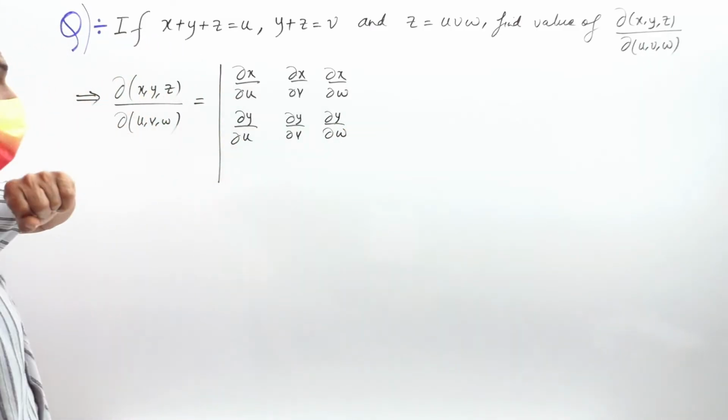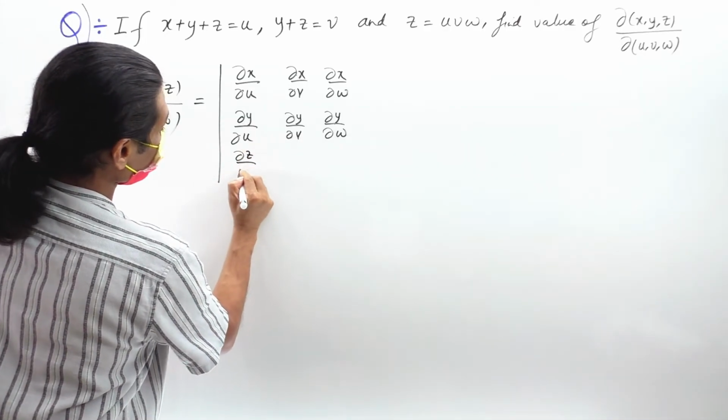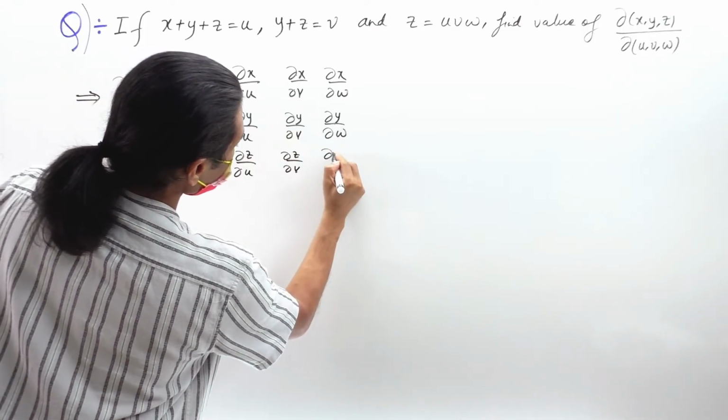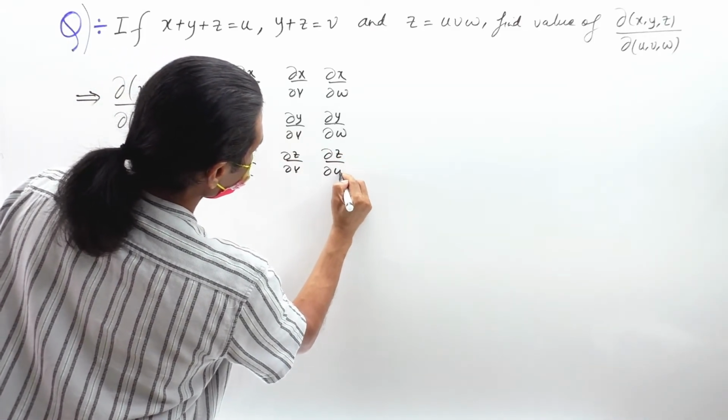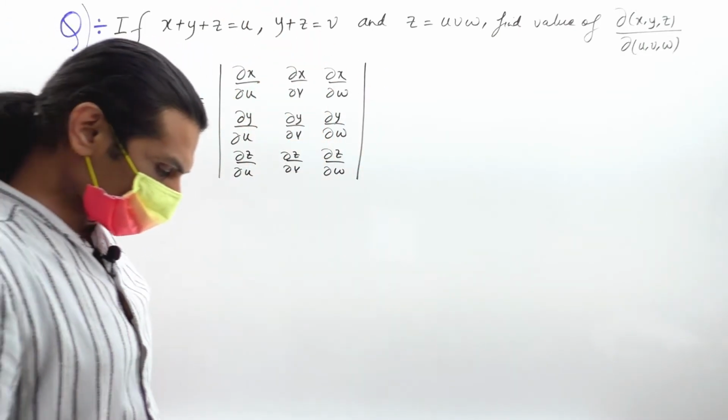Understood? Lastly, z with respect to all of u, v, w: ∂z/∂u, ∂z/∂v and ∂z/∂w. This is what we have, the determinant.